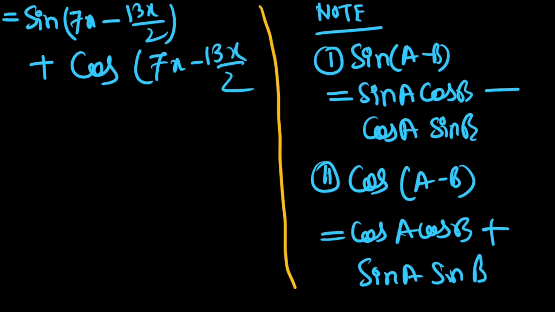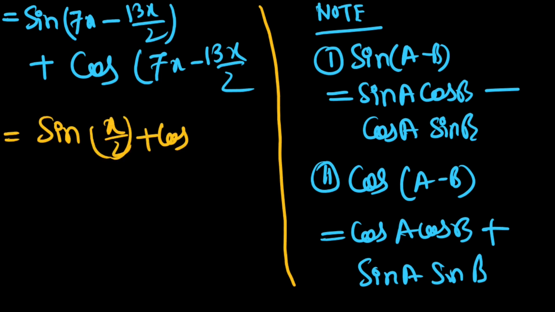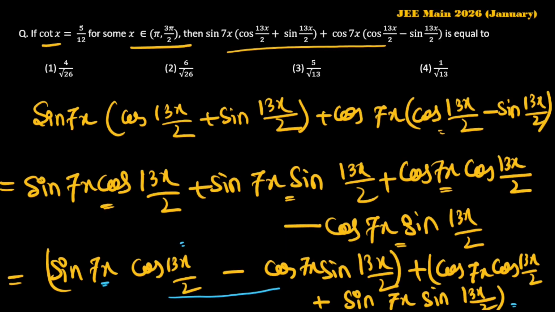Therefore we calculate it and get sine of x by 2 and cos of x by 2. So our expression gives sine x by 2 plus cos x by 2. Now we find these two values using the given cot x is equal to 5 over 12 and x lies between pi and 3 pi by 2.